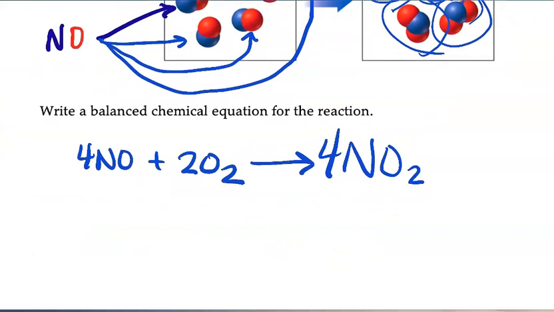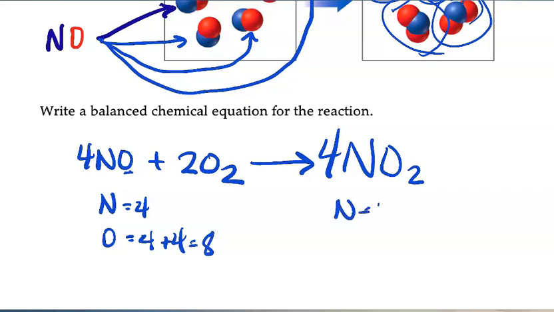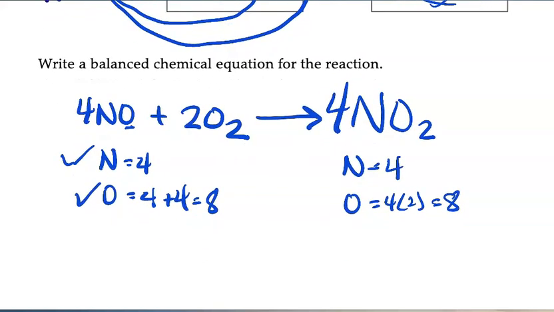Does this work? Nitrogen, I have 4. Oxygen, I have 4 here, but then over here I have another 4, that gives me 8. Over here I have nitrogen is 4, and then 4 times 2 for our oxygen, 4 times 2 gives me 8. So yes, it's balanced, but you should notice something.